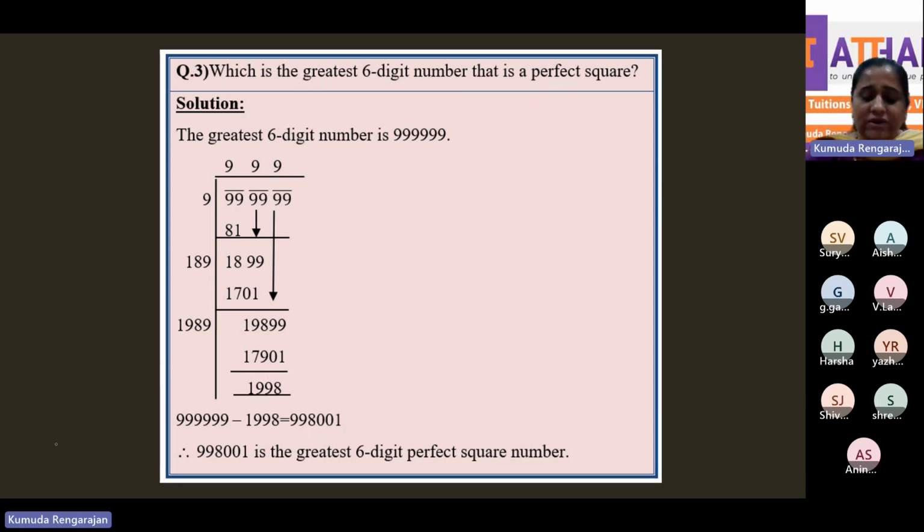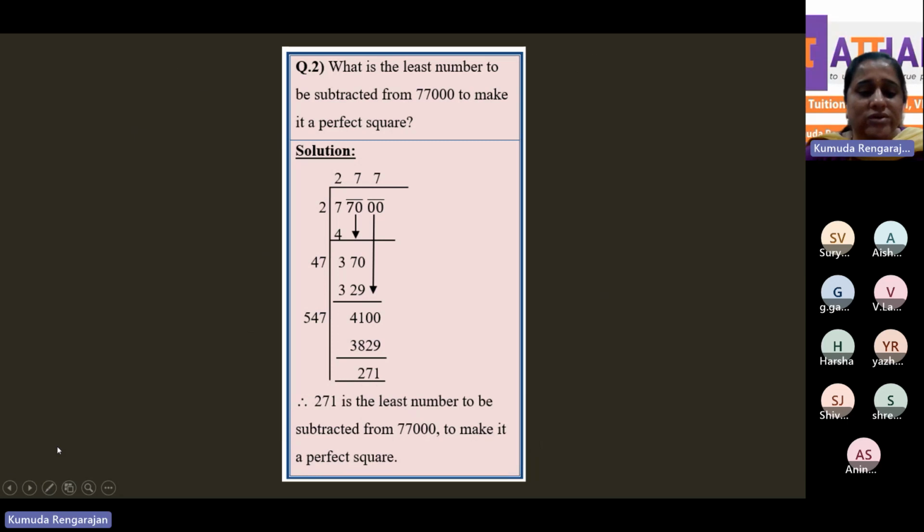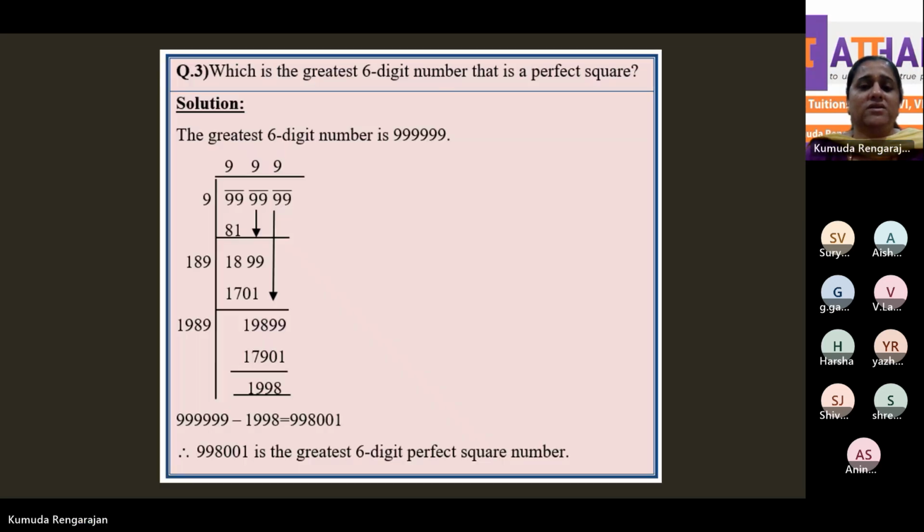See, if the question is what is the smallest number to be subtracted, you will say the remainder has to be subtracted. Now this is one step more than that. This is a step beyond that. Now here you need to use the remainder.